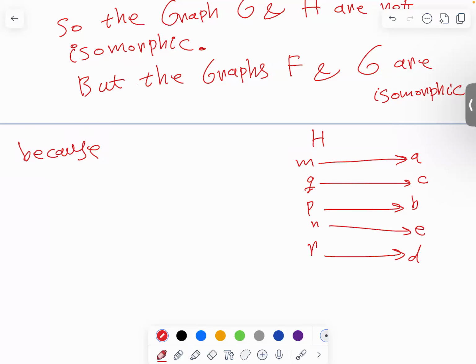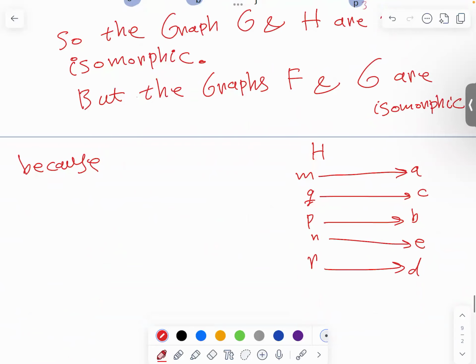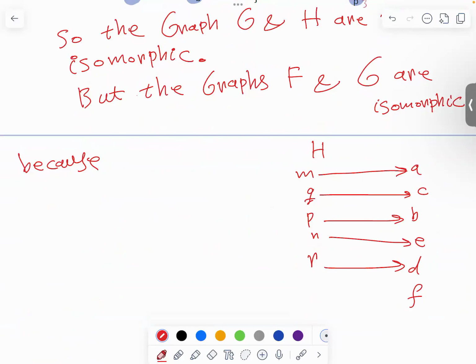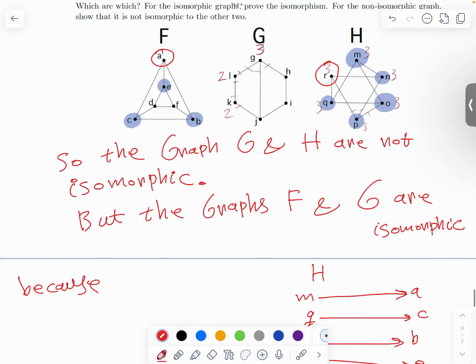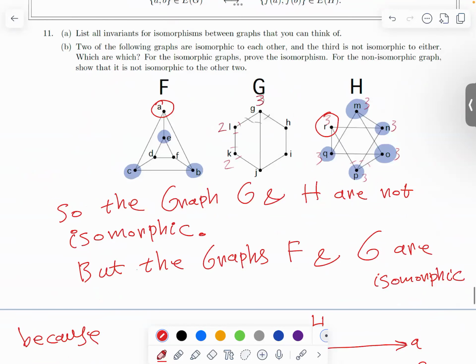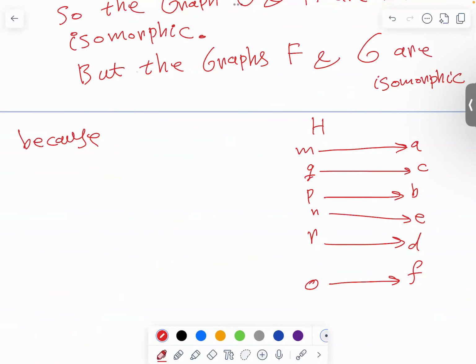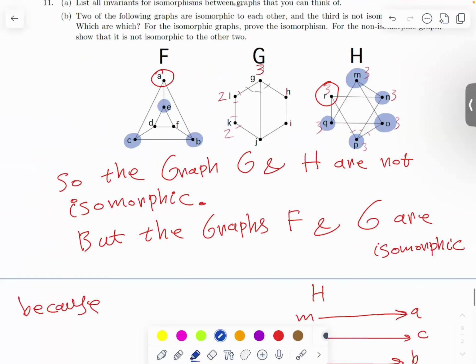So the one which is not chosen is F. So F is here, and the other one that has not been chosen is O.